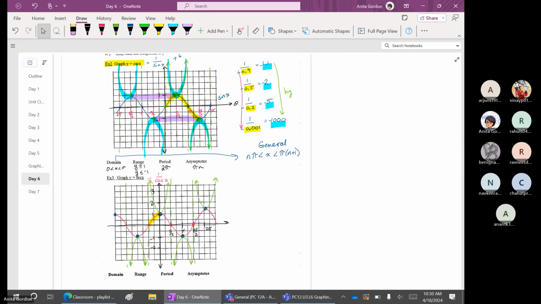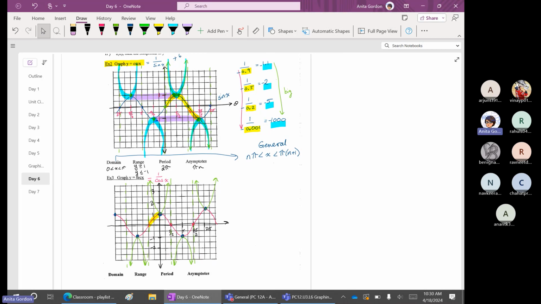The asymptotes are different by how much? Pi by 2, right? Sine and cosine are essentially the same. It's just shifted over pi by 2. Cosine starts at the top of the graph. Sine starts in the center. It's when you go over pi by 2 that it is at the top of the graph.